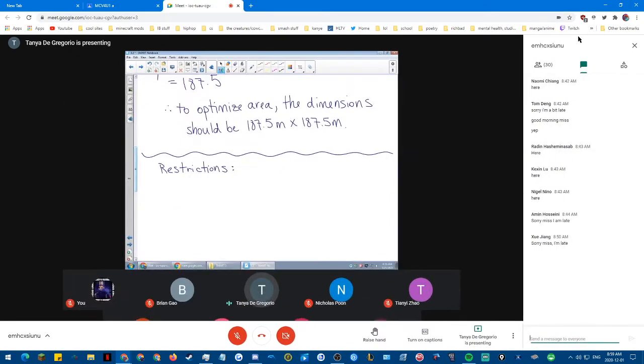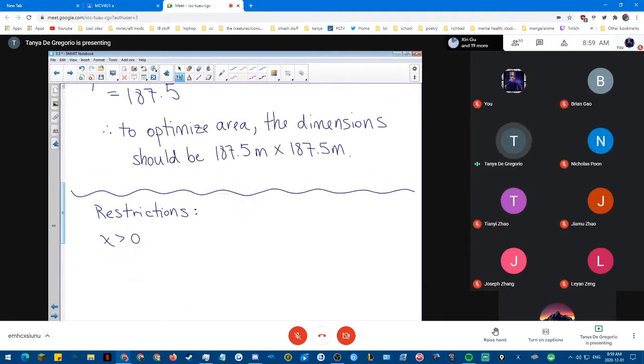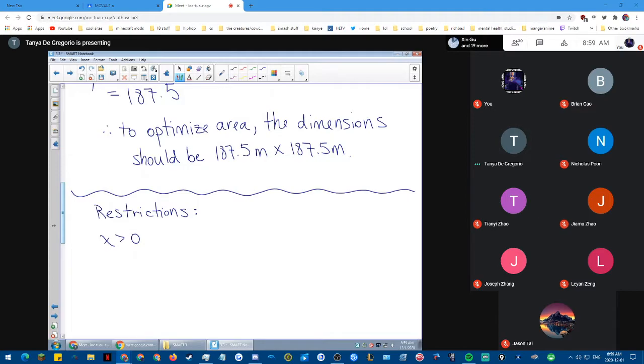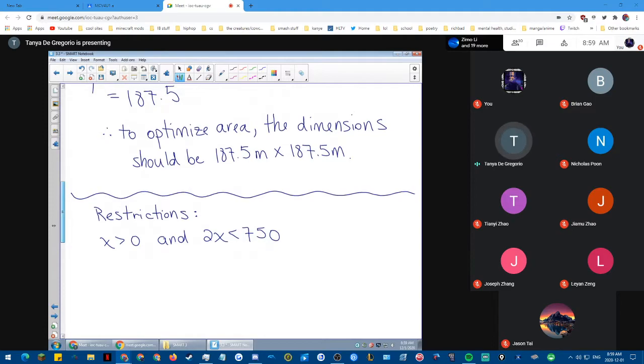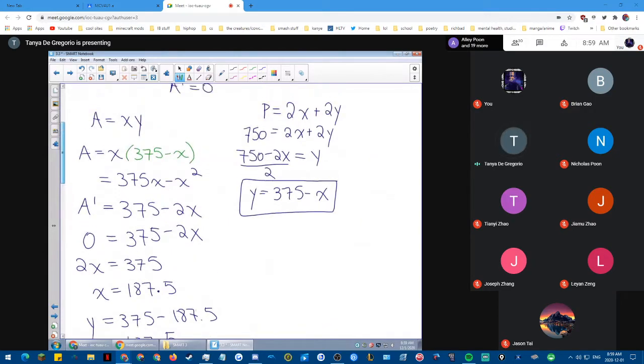So for my restrictions, I know that x has to be greater than 0. But I also know that 2x has to be less than 750. Does everyone understand where I got that from? It's from this equation right here: 750 equals 2x plus 2y. So if I have my smallest y possible, the smallest y possible is 0.